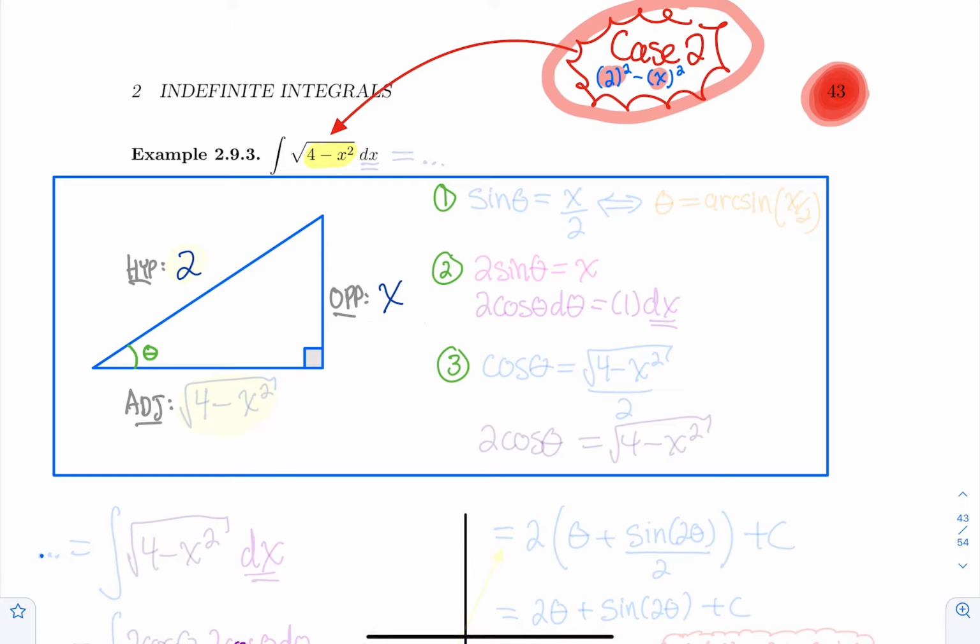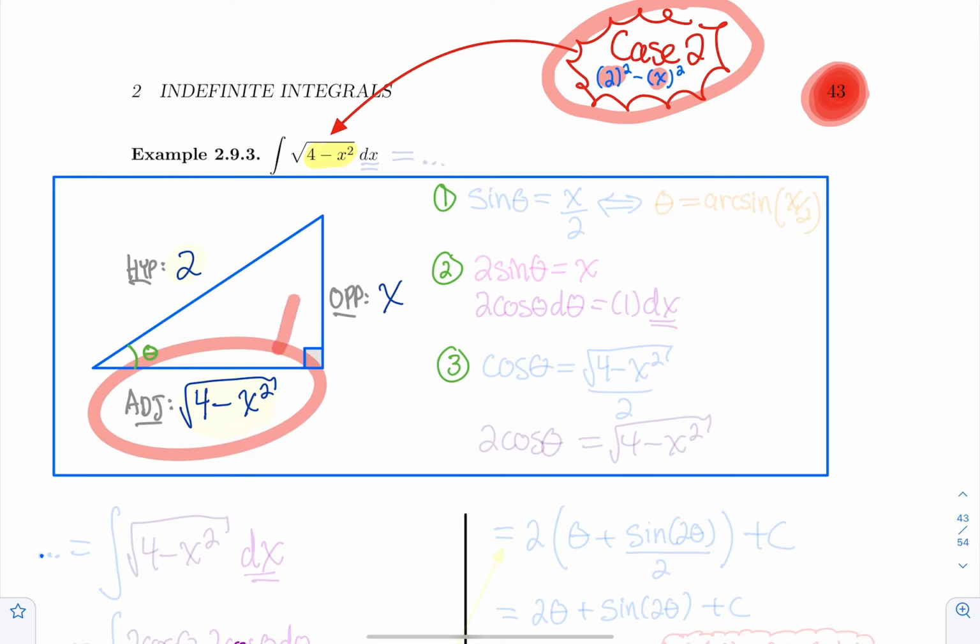Now, by using Pythagoras theorem, I'm not looking at my integral. It looks like I'm assigning it, but I'm not. You're computing the missing side. The hypotenuse squared, 2 squared is 4, minus the opposite side squared, x squared. So the square root of 4 minus x squared is the adjacent side.